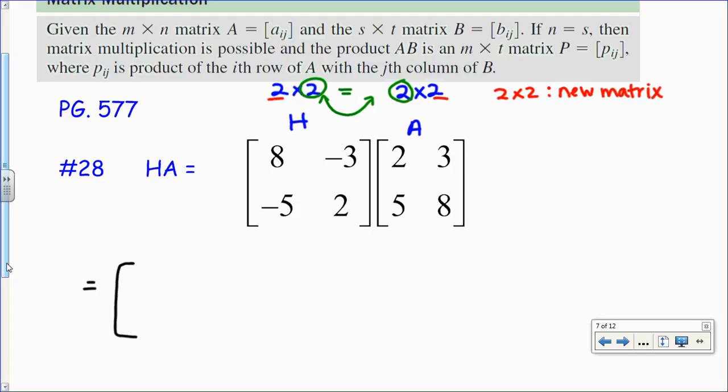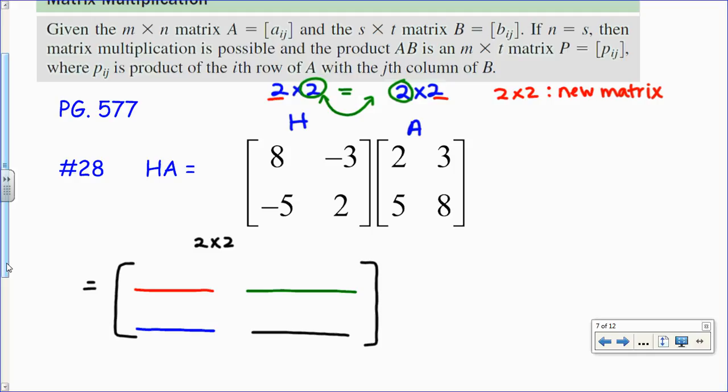Okay? So I'm going to write out the lines here. So I know I'm going to finish with a 2 by 2 because that was the outside numbers. Alright, so to get my first entry, that's row 1, column 1.